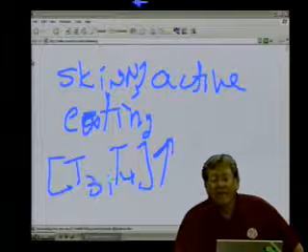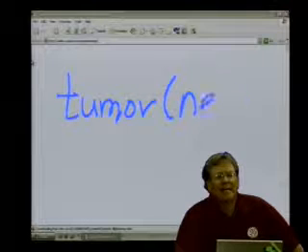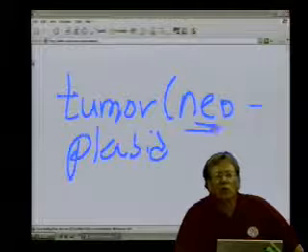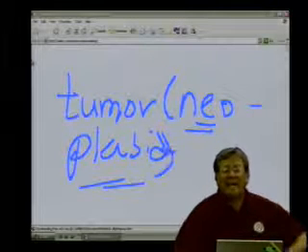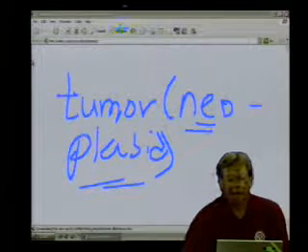How about a tumor? The characteristic of a tumor, or let's give it another name, we'll call it a neoplasia. Neoplasia means new growth of cells. So in fact, these tissues are hyperplastic.